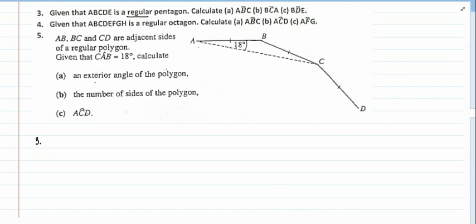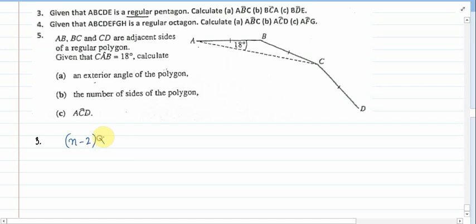To find any one angle of a regular polygon, the working formula is (n minus 2) times 180 divided by n. The value of n in our case is 5 because we are dealing with a pentagon, right? So the formula will be (5 minus 2) multiplied by 180 divided by 5.